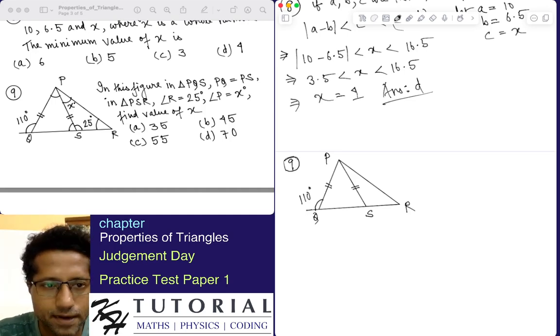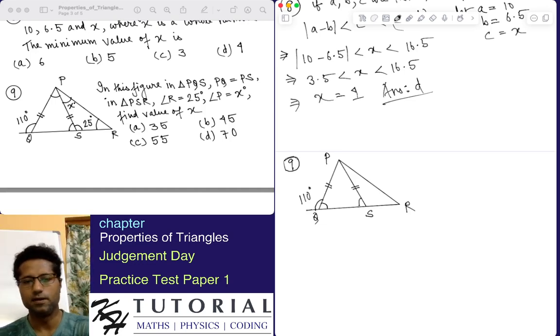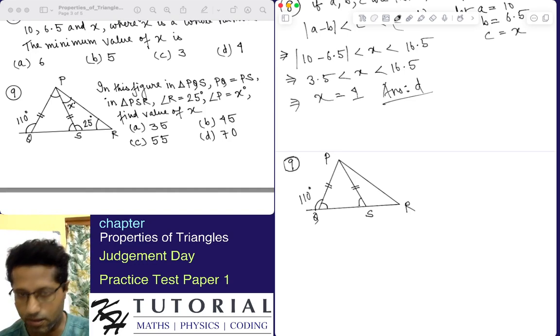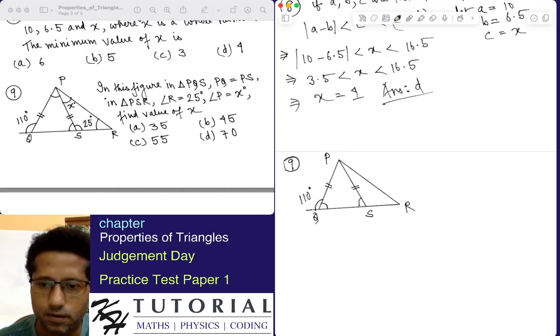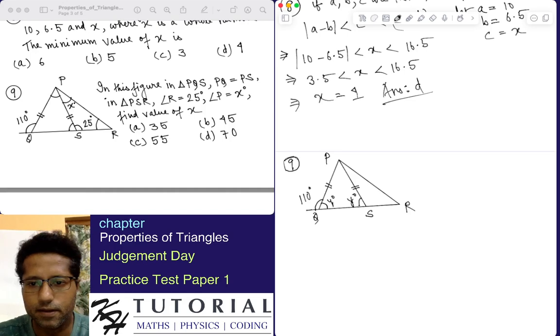This means that this angle will be equal to this angle. We know that in an isosceles triangle, the angles opposite to the equal sides are also equal. So let's say these angles be y degree.